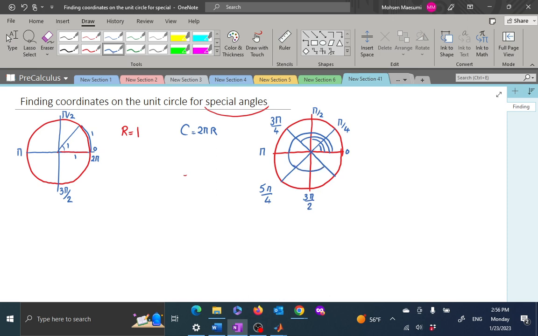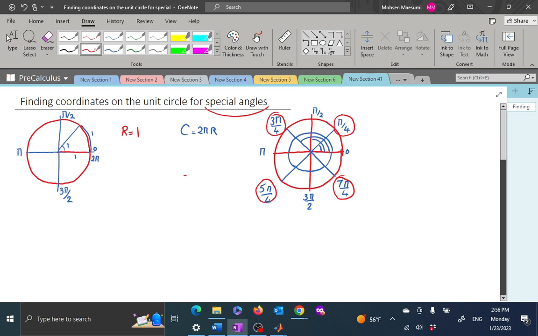If I continue all the way here, it will be 7 pi over 4. By here, I have used up 7 of the slices. If I make it all the way back, well, 8 pi over 4 is the same as 2 pi. So what we learned here is that these halfway points are pi over 4, 3 pi over 4, 5 pi over 4, and 7 pi over 4.